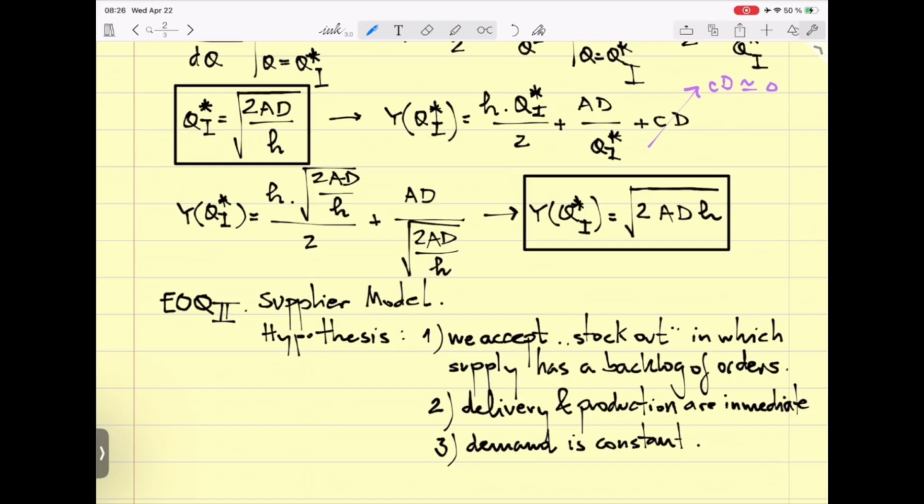So what we are adding is basically that we can go into stockout in this model.